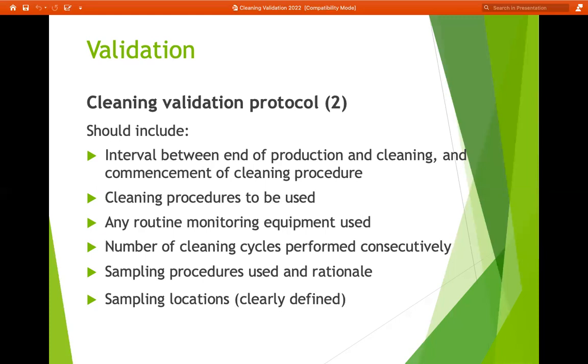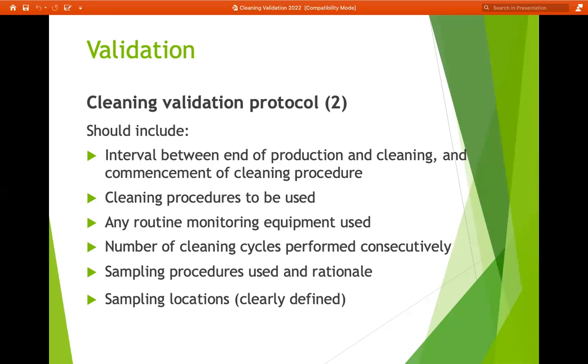And that is the reason most of the companies are using TPOL or any other solution which you can say neutral solution. So this neutral solution helps to remove the traces of the product, whether it may be water soluble or it may not be water soluble. Sampling locations must be clearly defined from where you are going to sample for cleaning validation.